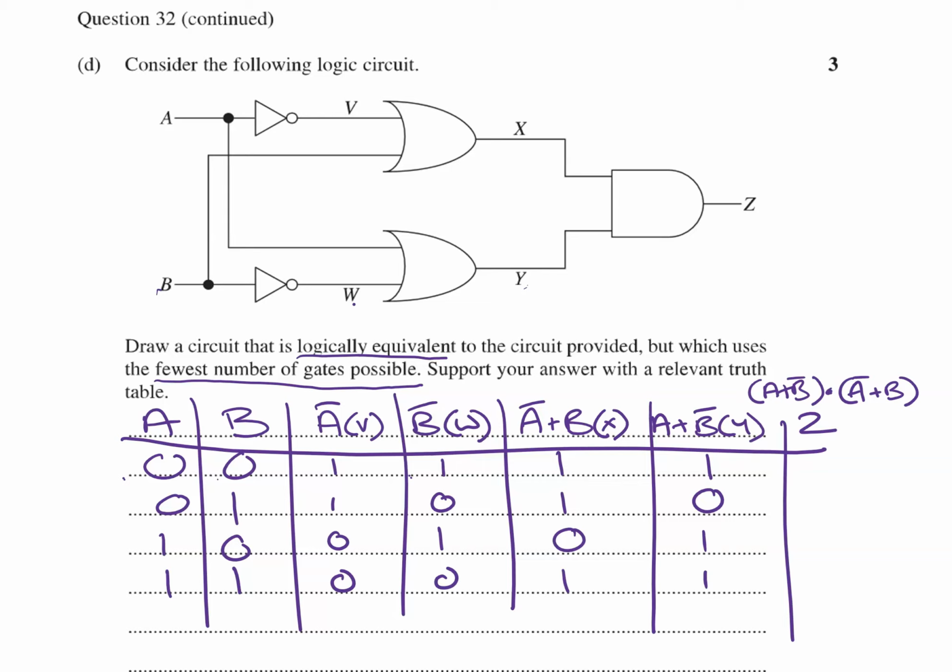So 1 and 1 is 1, 1 and 0 is 0, 0 and 1 is 0, 1 and 1 is 1. And you should recognize that that is the opposite of A XOR B, which is 0, 1, 1, 0.